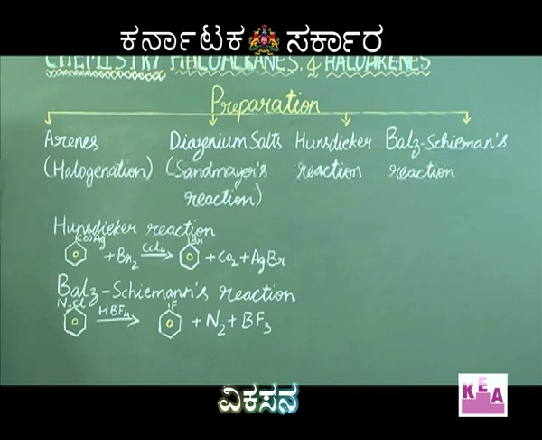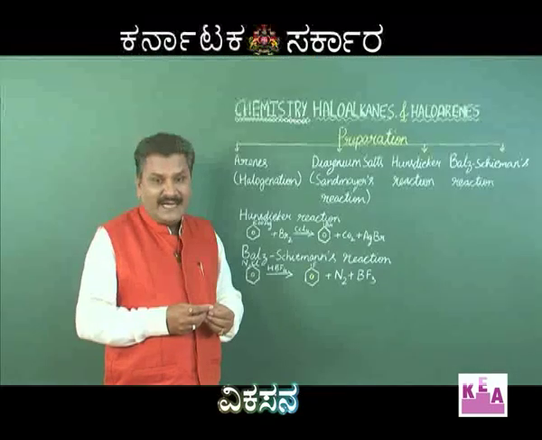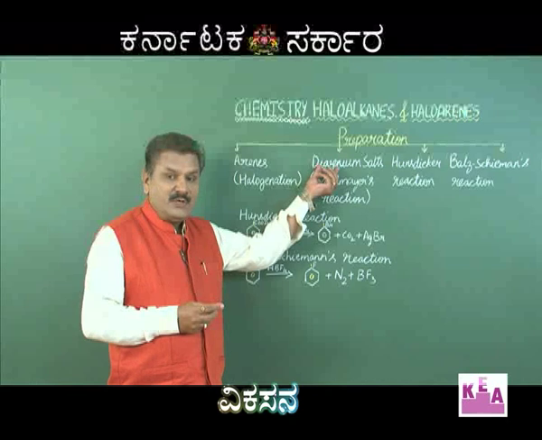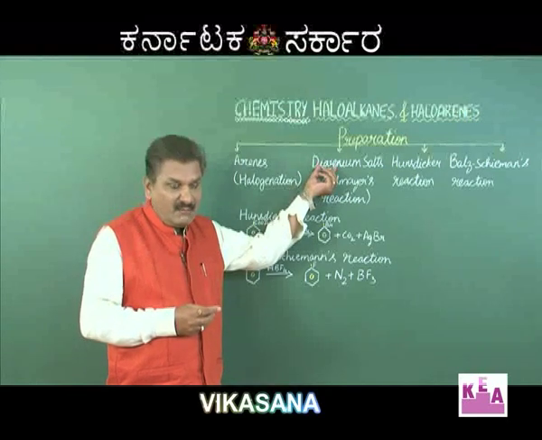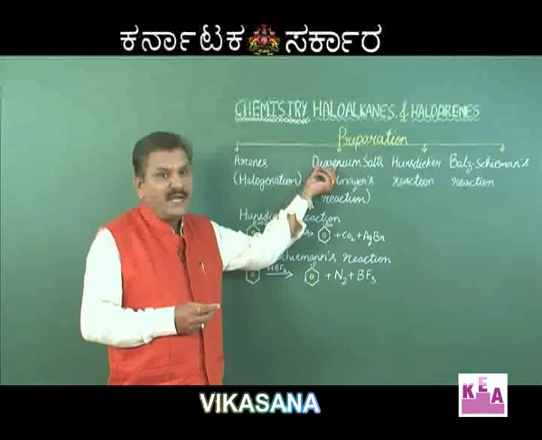Then another important method is preparation of haloarenes from diazonium salts. First, we get the diazonium salts from aniline. When aniline reacts with nitrous acid at 0 to 5 degrees Celsius, we get diazonium salts like benzene diazonium chloride.